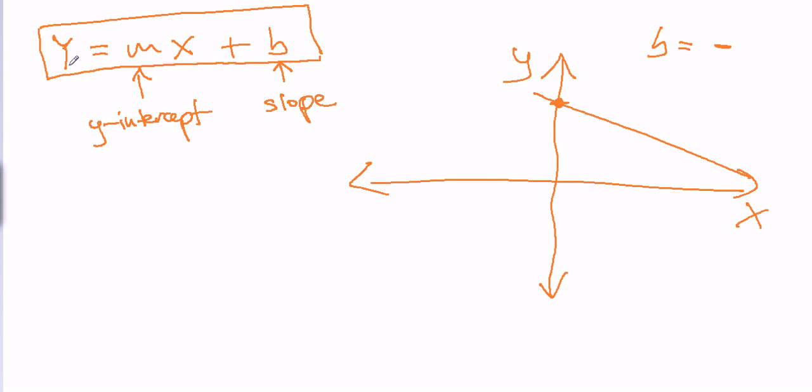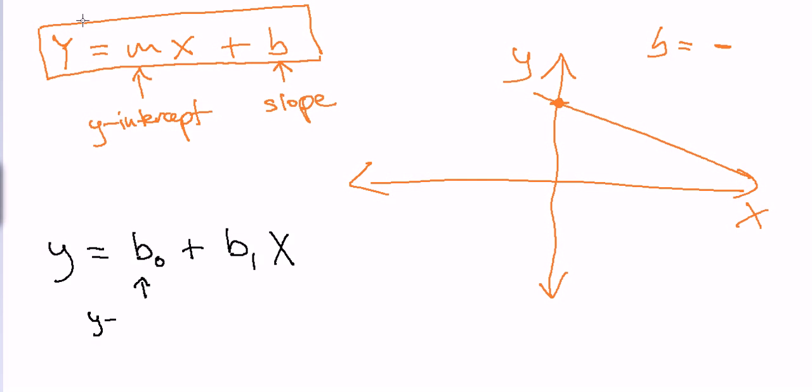So what we're going to do is slightly alter this form, and we're going to say y equals b0 plus b1x. You'll see that I've just replaced m and b with b0 and b1. b0 is our y-intercept. I just realized I made a huge mistake here.